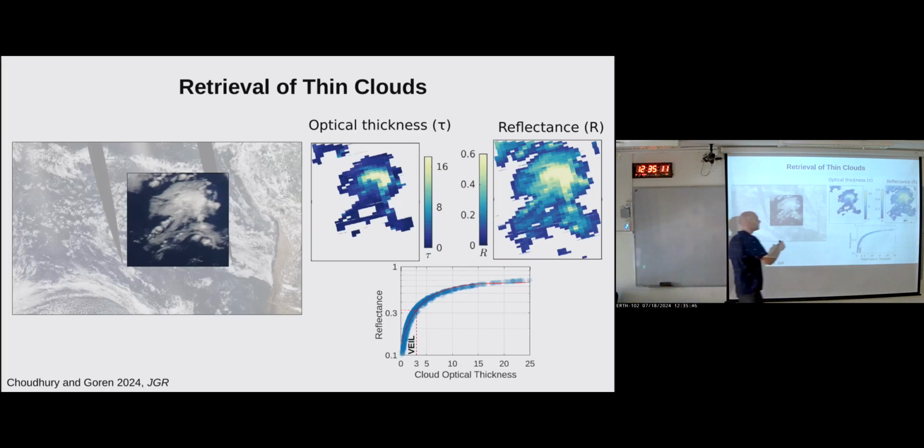So you can see the difference here. We have this cloud scene, and this is the MODIS retrieved cloud optical thickness, and this is our correction. So these clouds here are thin, they don't have cloud optical thickness, but they do have reflectance. And their reflectance is smaller than the reflectance of these thin clouds here, so we assume they are thin. So we reconstructed all the thin cloud fractions. And this way we came up with a much more accurate thin cloud fraction than in previous studies.